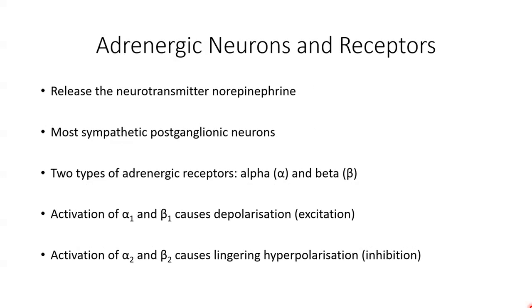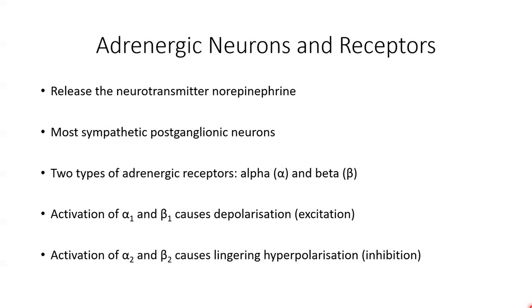Adrenergic neurons in the autonomic nervous system release norepinephrine, which you may also see termed noradrenaline. So they're the same thing. Most of the postganglionic neurons in the sympathetic division of the autonomic nervous system are classified as adrenergic neurons.